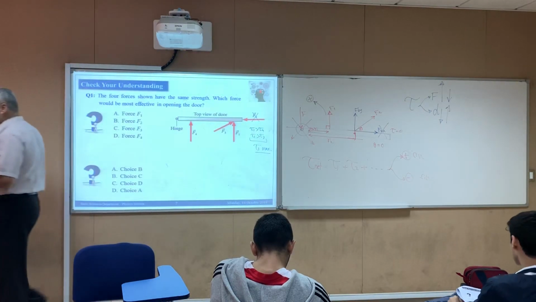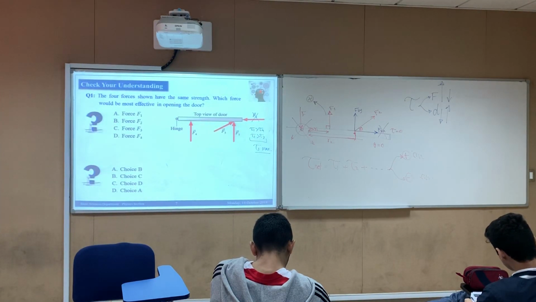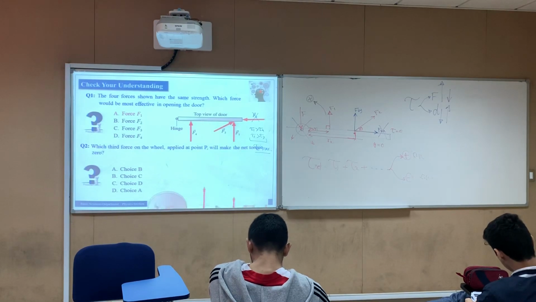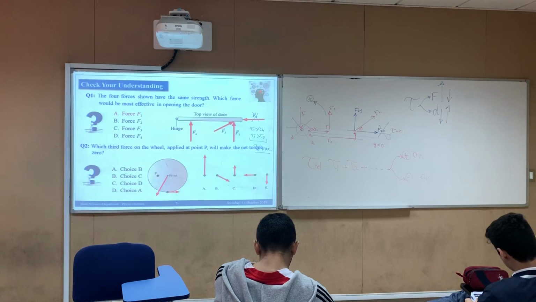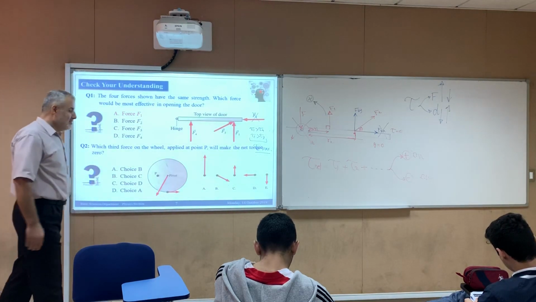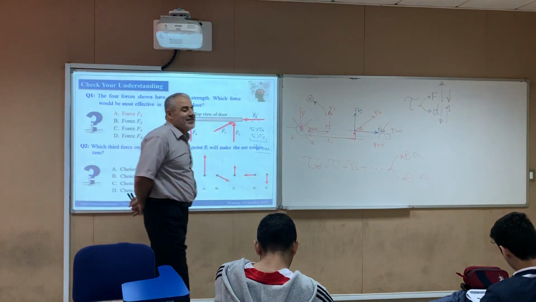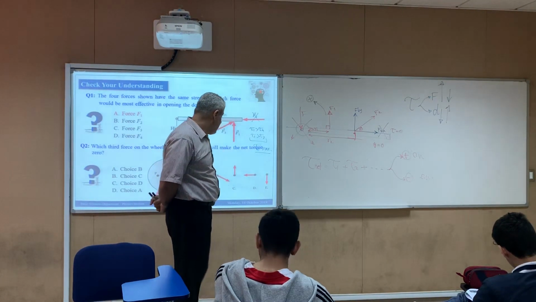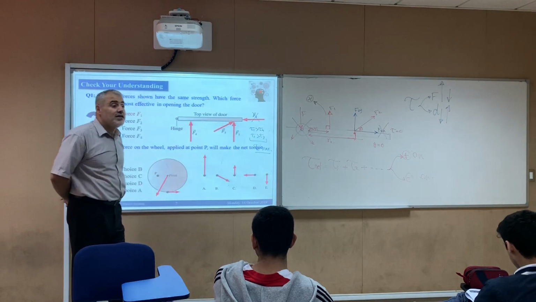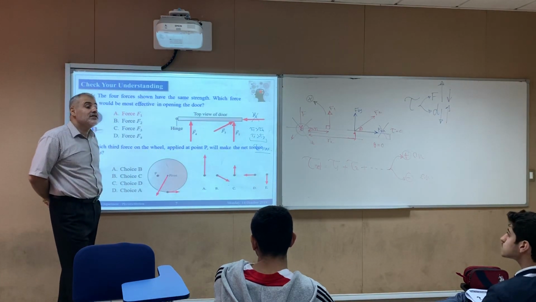This is an okay question. Take your time reading the question and find it. Choice D. Why? Because it's parallel. And we say if it's parallel, that means its torque is zero.